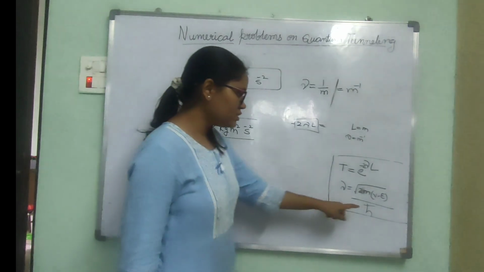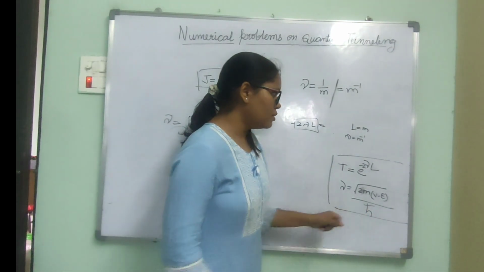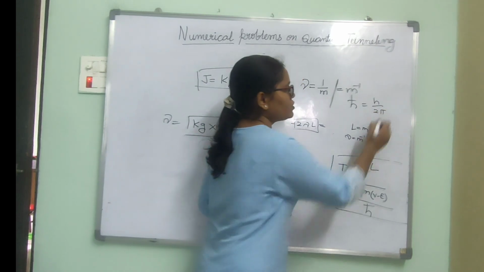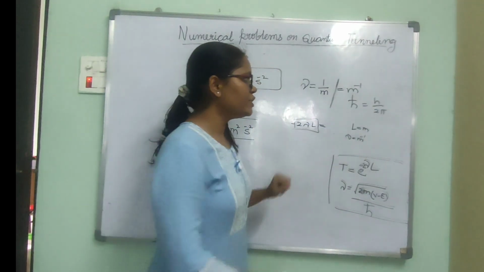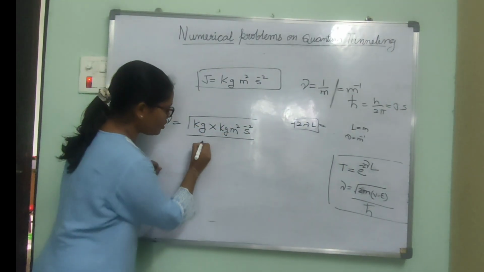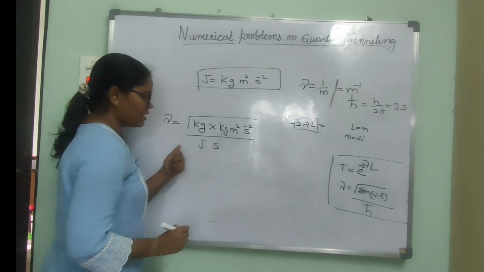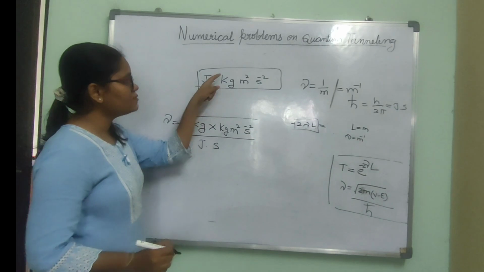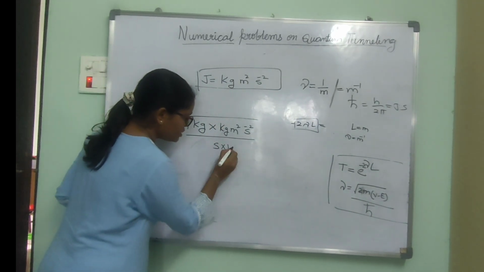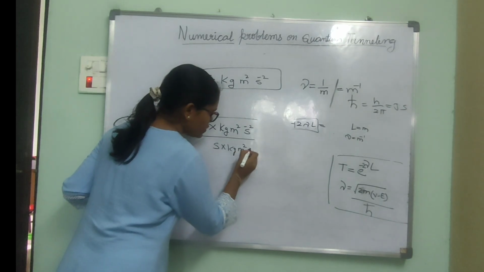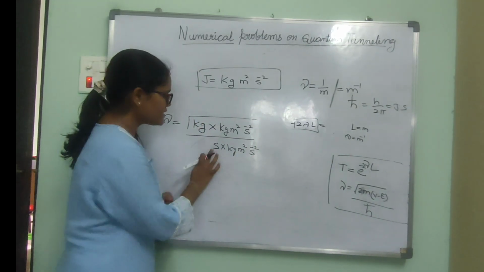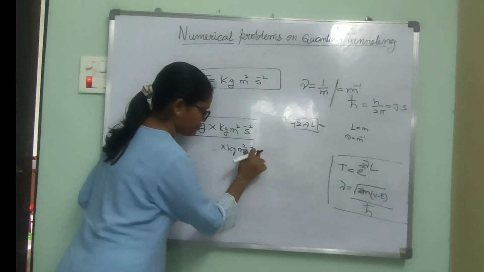And in the denominator you have h cross, which is h over 2 pi. So 2 pi is just a number, but the unit of h is joule into second. So in the denominator we will write joule into second, and we know that joule is kg meter square second power minus 2. So I will replace this joule with kg meter square second power minus 2. So second into second power minus 2 will be second power minus 1.